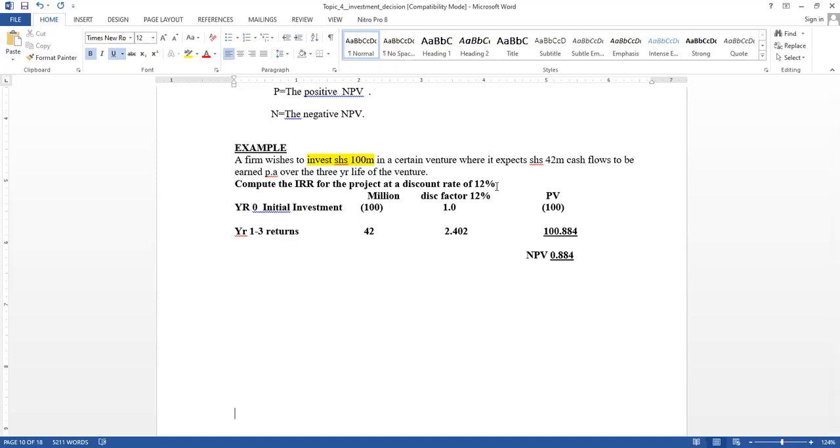Just go to your tables and look for the highest. Don't look for a rate that is close to 12, because you may look at 14, compute, and it still gives you a positive NPV. There you will be wasting time. Take the highest, because at the end of it all of you will have the same internal rate of return.